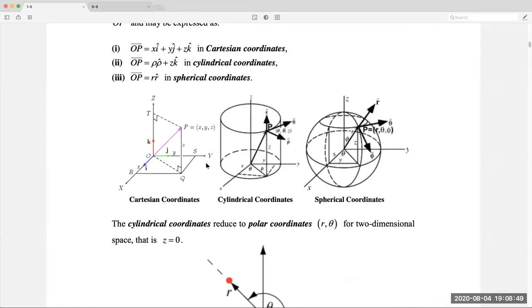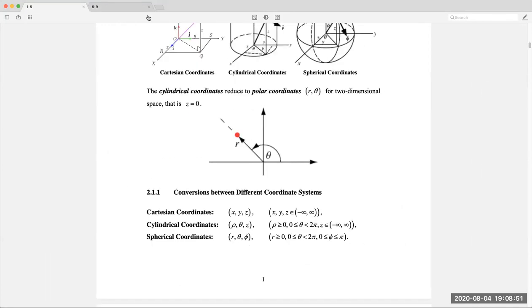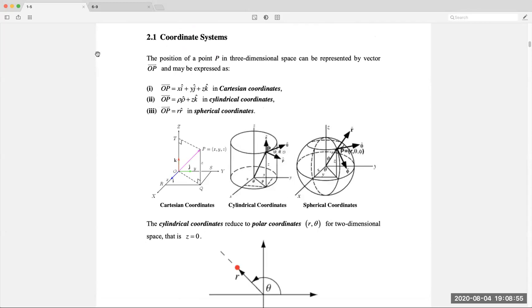So let's have a look at the cylindrical coordinates. Cylindrical is actually equal to polar plus a z-axis. And then the unit vectors in the new coordinates are rho, theta, and z.